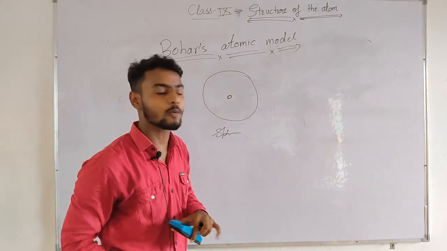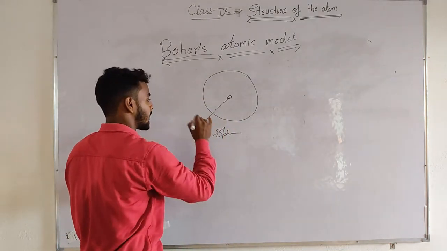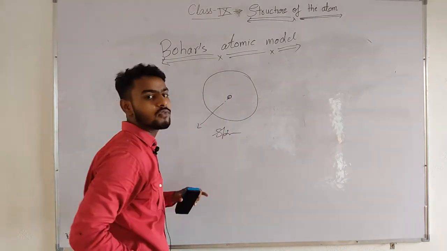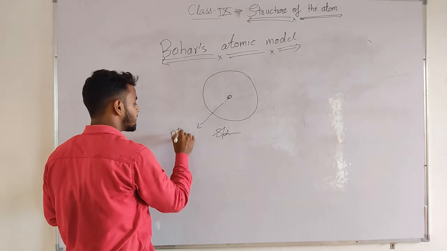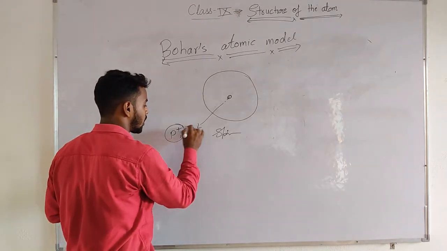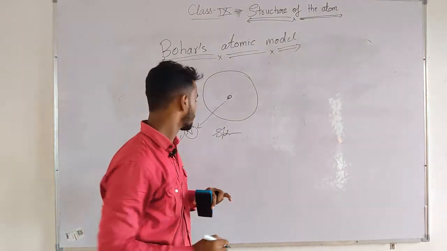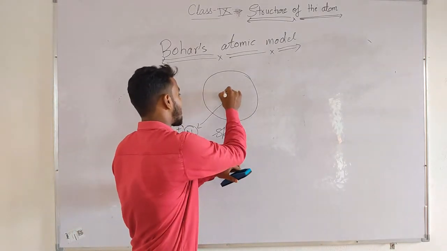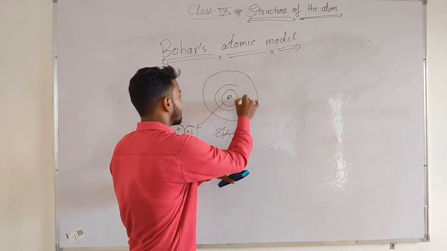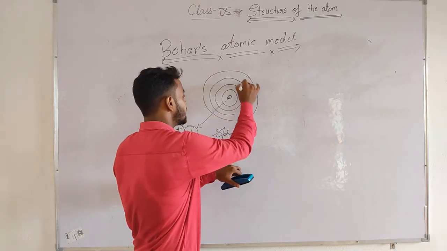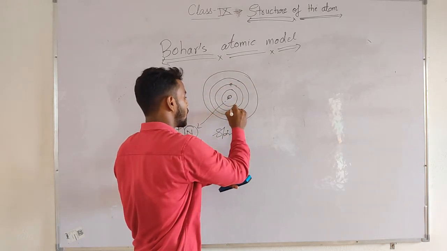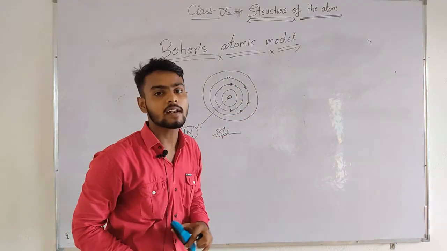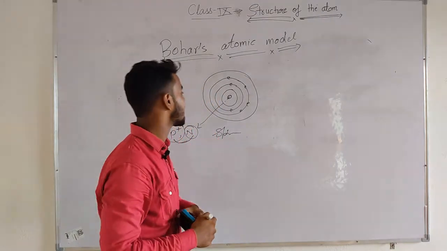In the center, in the nucleus, there are two subatomic particles: first the proton, which has a positive charge, and second the neutron, which has no charge. These two are present in the nucleus, and in the classes around it, all the electrons are revolving continuously around the nucleus.